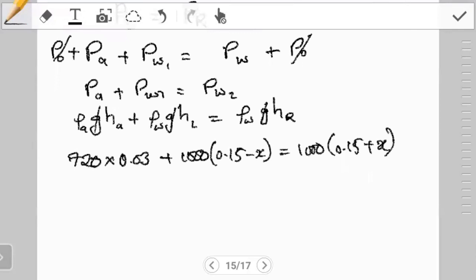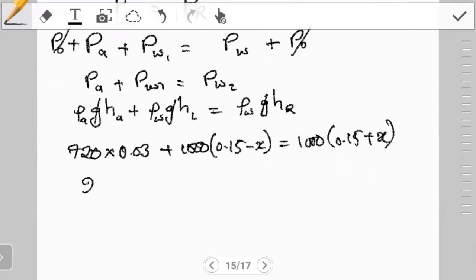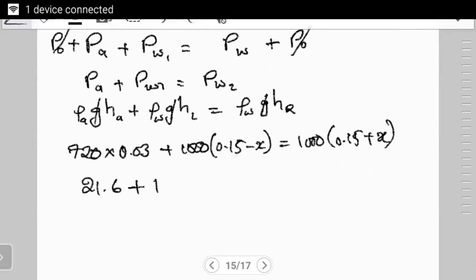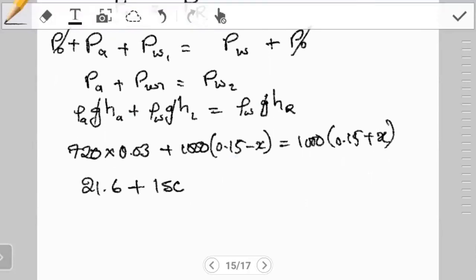So now this is just simplification. When we multiply the 1000 and 0.15, what we're going to end up with is 150 minus 1000x equal to 150 plus 1000x.